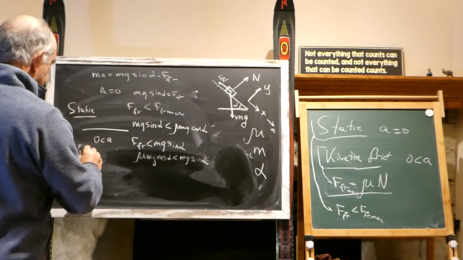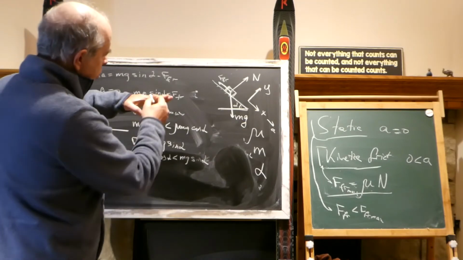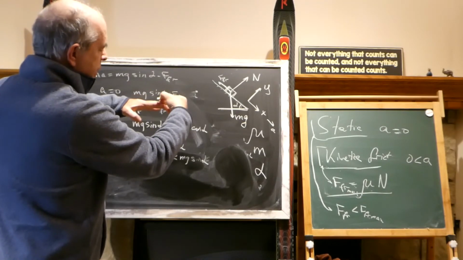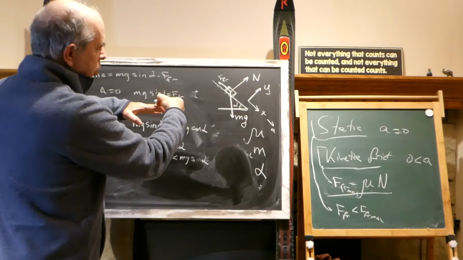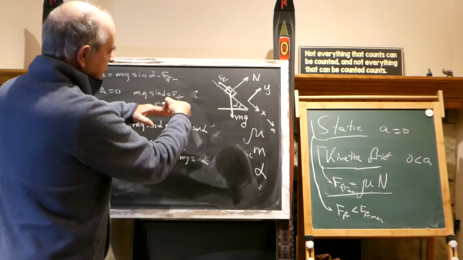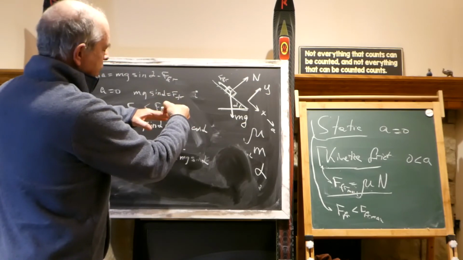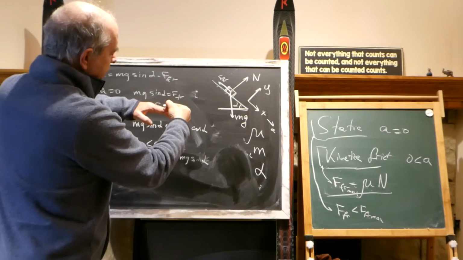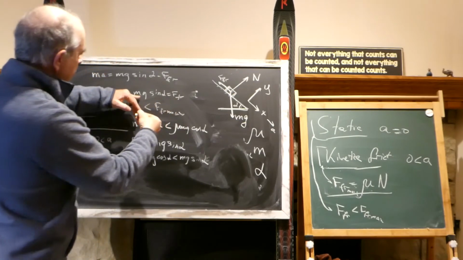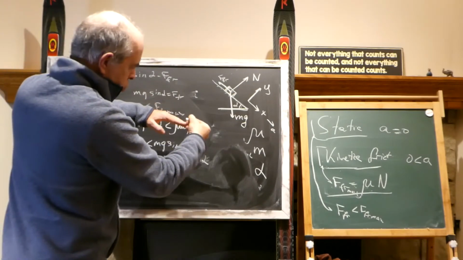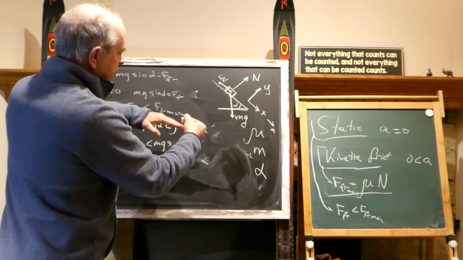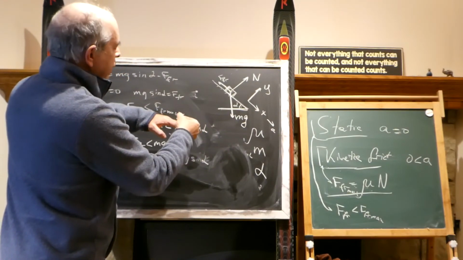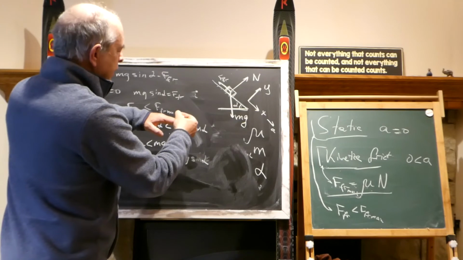Because on the flat surface there is no force in this direction, the body doesn't even want to go that way or that way, it's flat, and there is no friction. We add a little bit of incline, then there is a little bit of mg sine alpha that wants to push the body down, give it acceleration, but friction is enough to compensate for this.